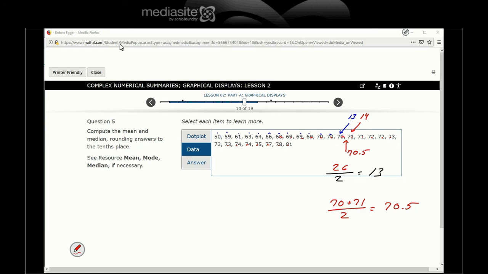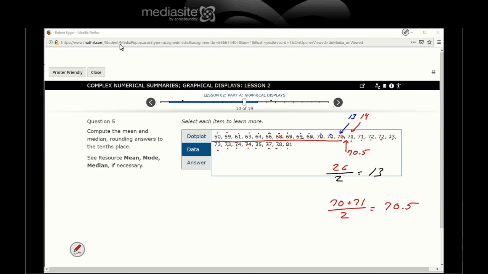So to get 26, I'll have 13 values to the left and 13 to the right.